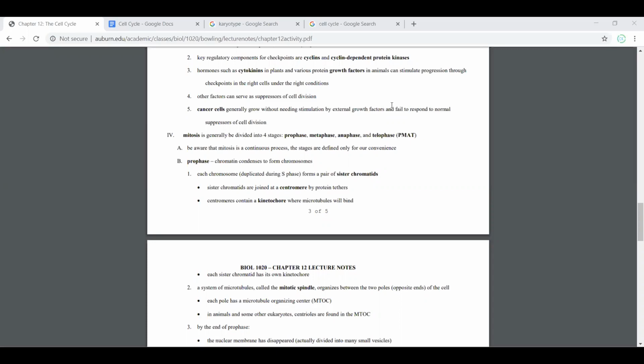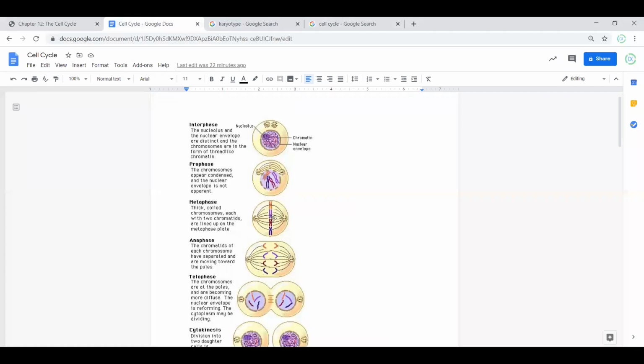Because you have 2 sister chromatids, which is like 2 strands, these sister chromatids are joined at what they call the centromere by protein tethers. So here, this is what a chromosome looks like.